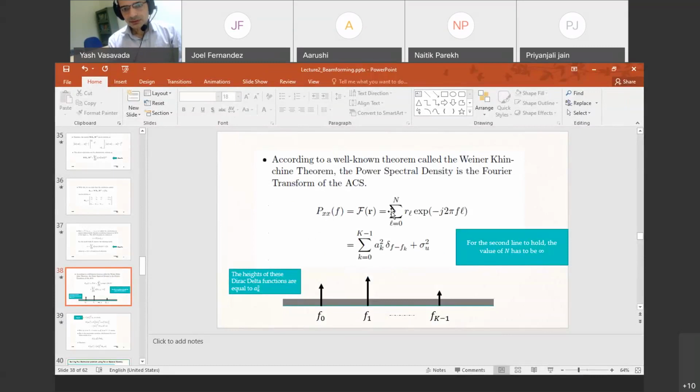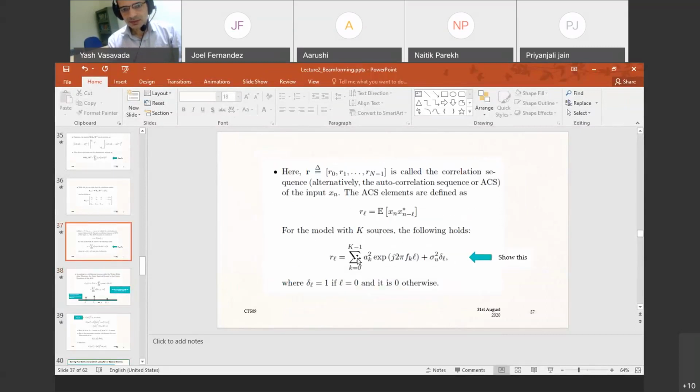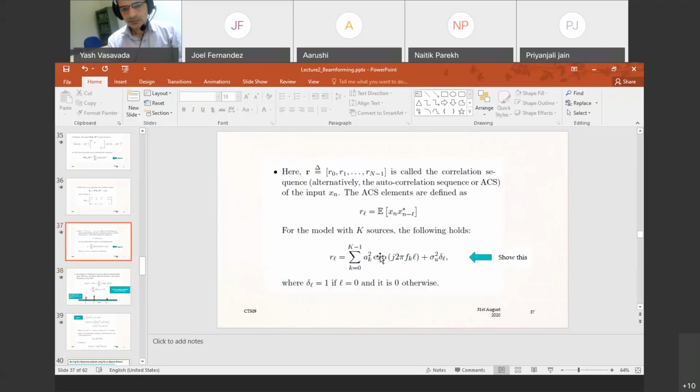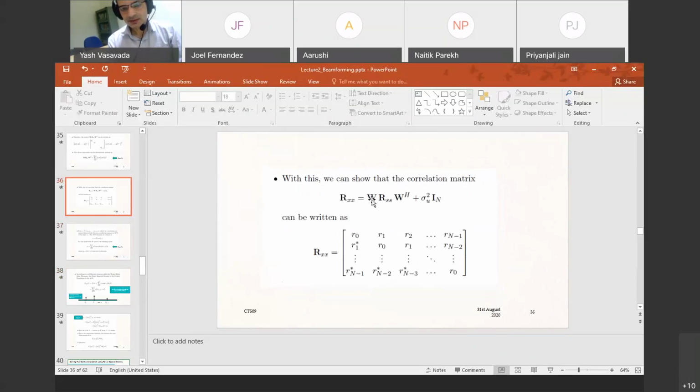I can go from this first line here, where R of L is specified like this, only if I am making this capital N, which is the size of this W matrix, to be infinite.